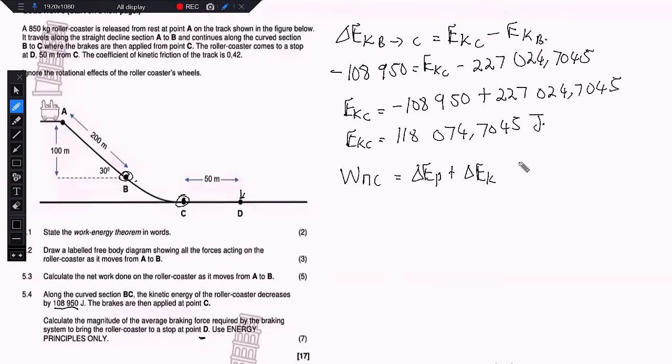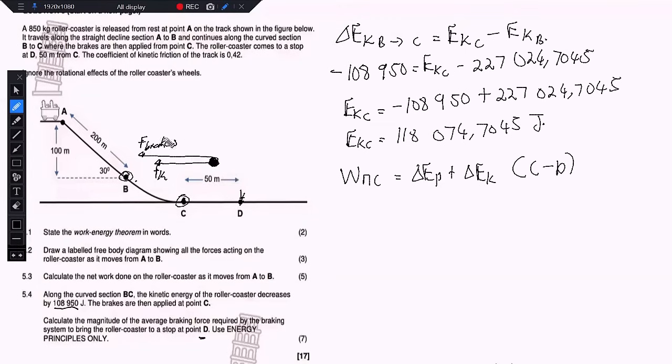But this will be between point C to D, because we are trying to bring it to a stop at point D. Now, if we draw a free body diagram, this will be the FK in that direction and also the force of the brakes in the opposite direction. So F brakes, right? So these will be our horizontal forces acting from point C to D.